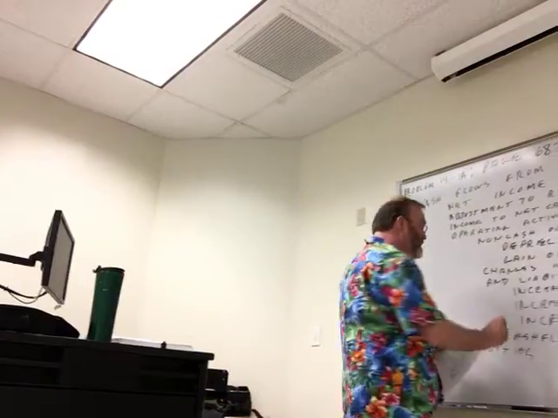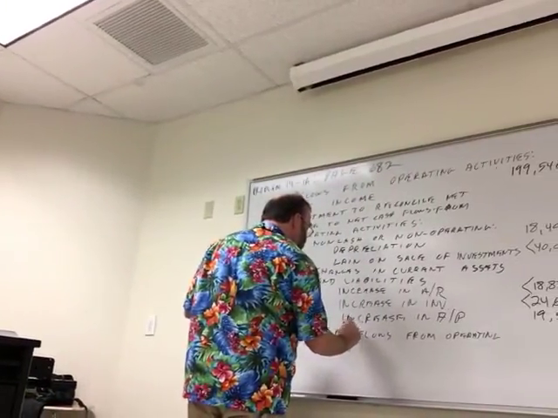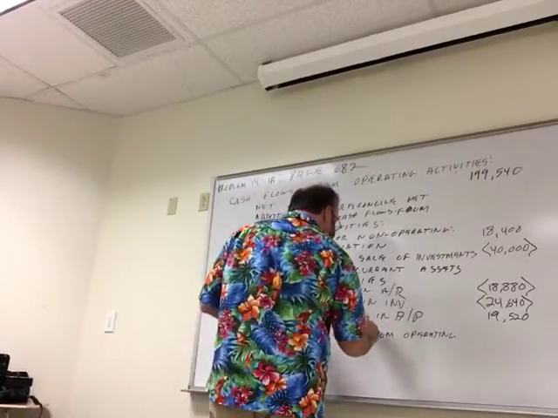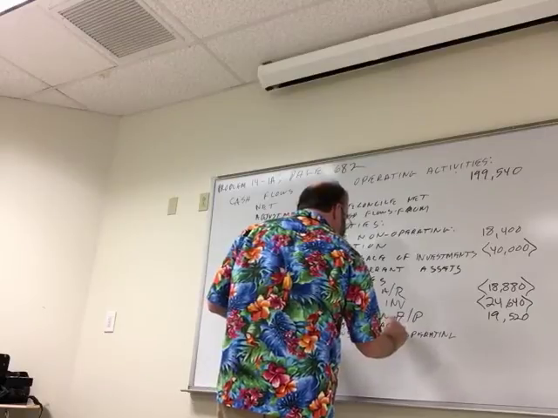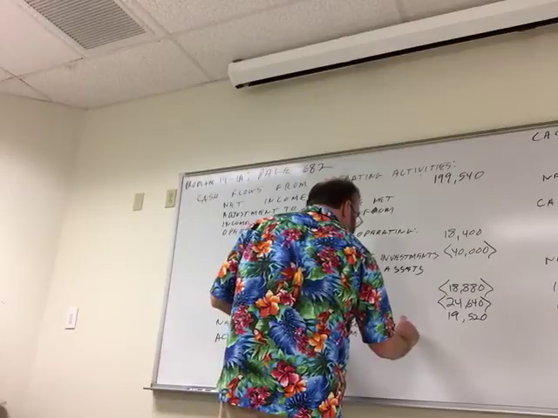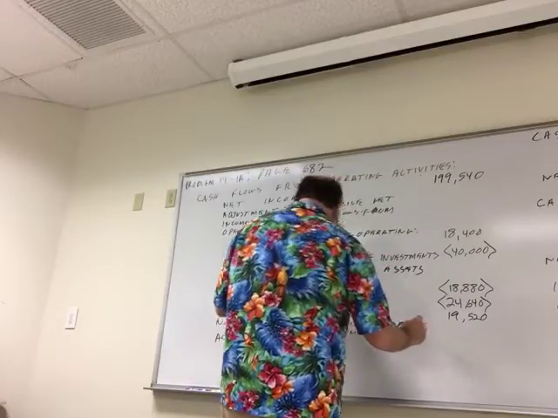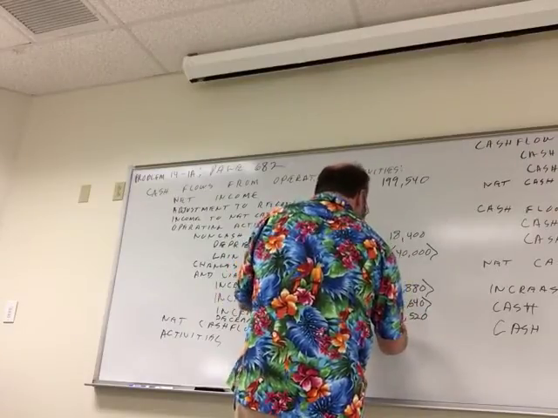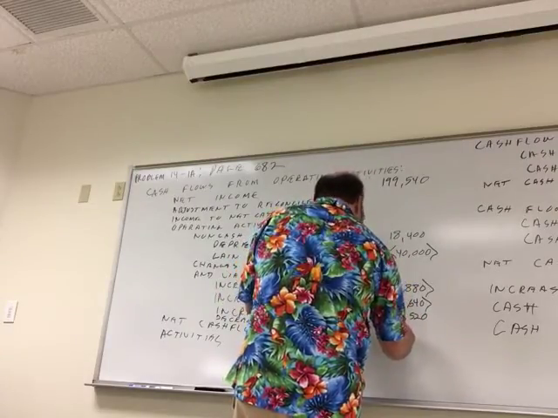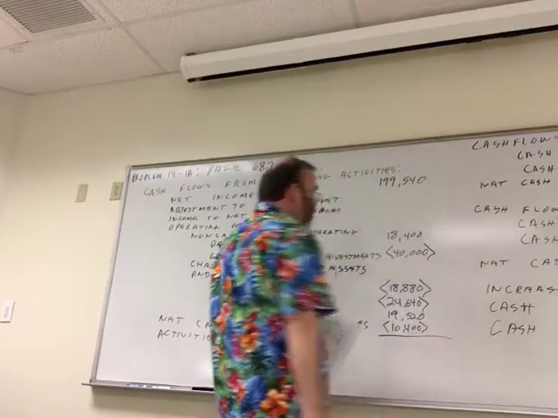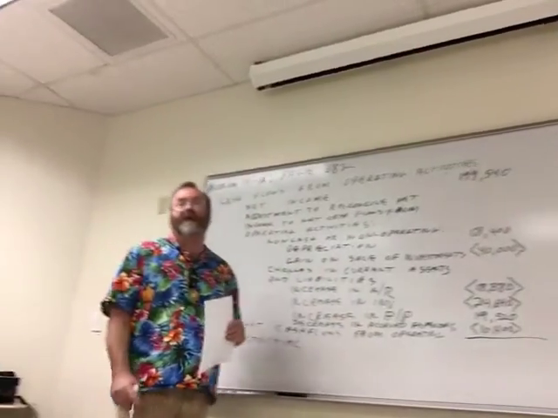And then there is a decrease in accrued expenses. So this could be accrued taxes, this could be accrued interest, this could be almost anything. So they went up $10,400. That's a negative adjustment to cash. All right?